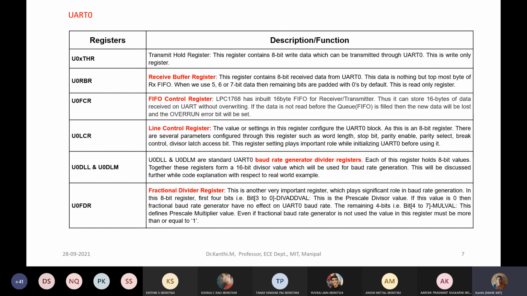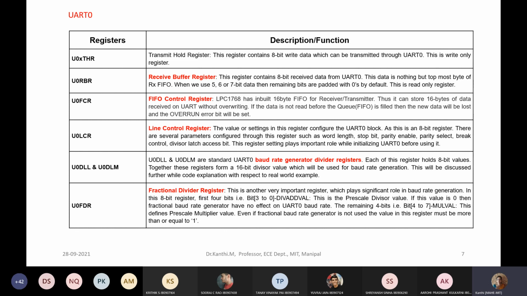It is 8 bits. The first 4 bits, that is 0 to 3, are the prescale divider value. If this value is 0, then the fractional baud rate generator has no effect on UART 0. So you can have integer values or fractional values.